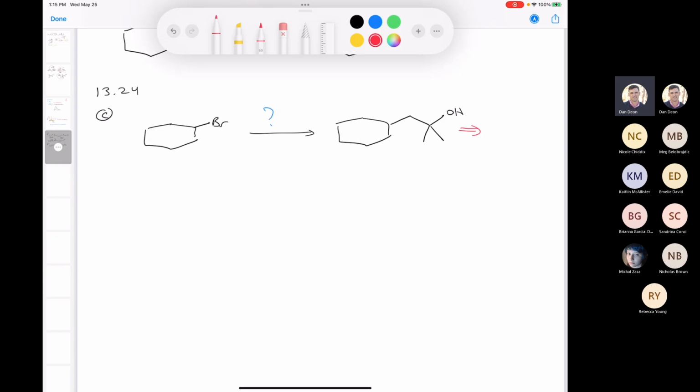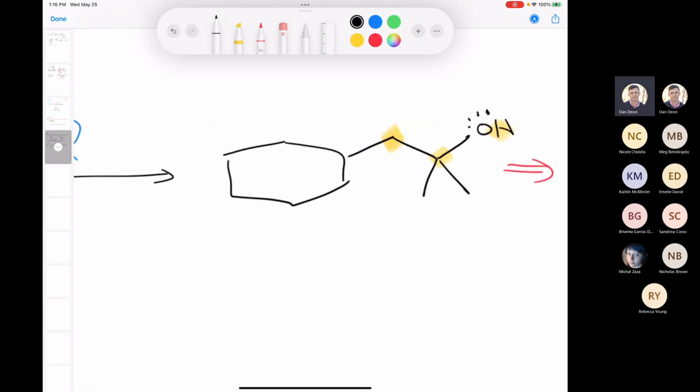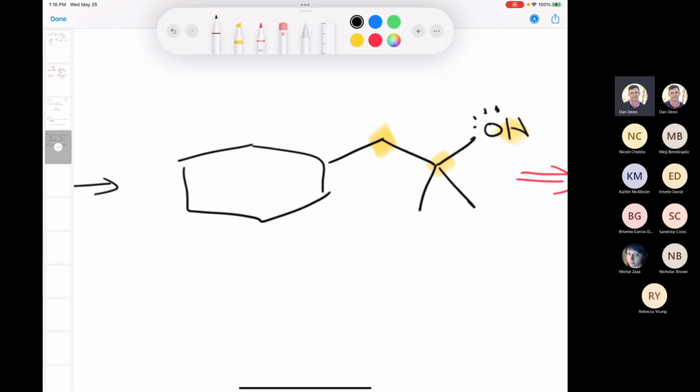Okay, so let me show you again Mr. Dion's kind of retrosynthetic way of doing this. Whenever you add two carbons and then a hydroxyl, what I like to do is draw the lone pairs in on the oxygen, like this, and then I say, well, the three-membered ring came from, and this is kind of like a backwards mechanism.